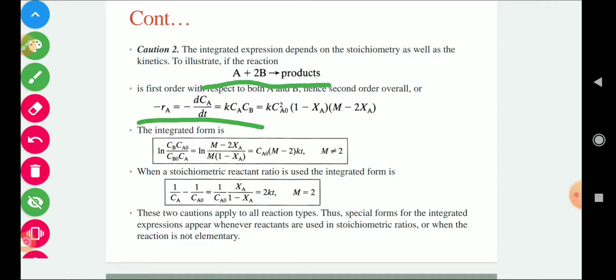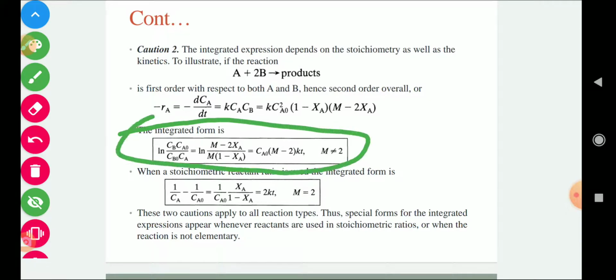So the rate expression will be k Ca naught (1 minus Xa), but the rate of consumption of B is double that of A, so for B it will be M minus 2Xa. This is our rate expression. Again, if we integrate that equation, we finally get this form for M not equal to 2, and this form when M equals 2.